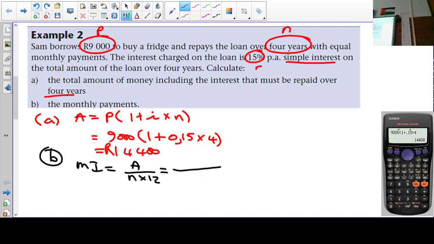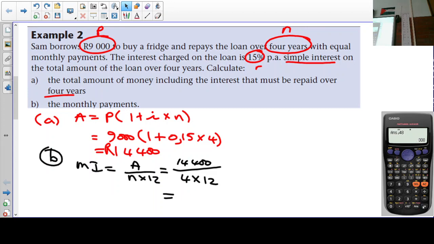So it will be 14,400 over 4 times 12, or I could have said divided by 48, it is the same thing. So that's going to give me 300 Rand. Any confusion there? No.